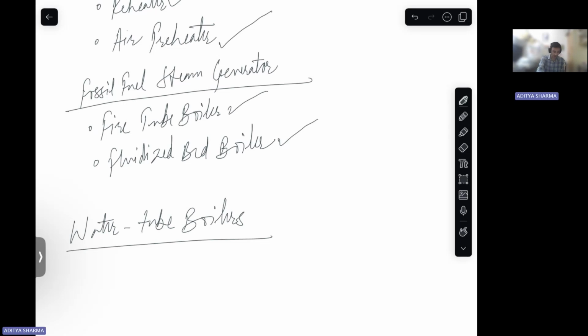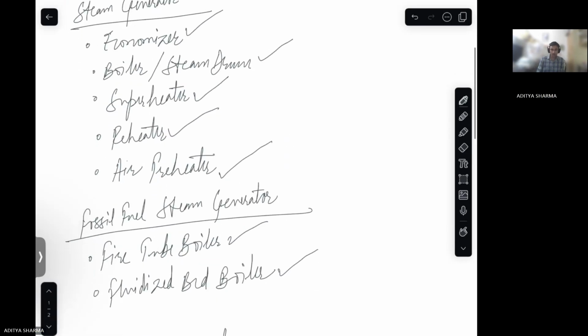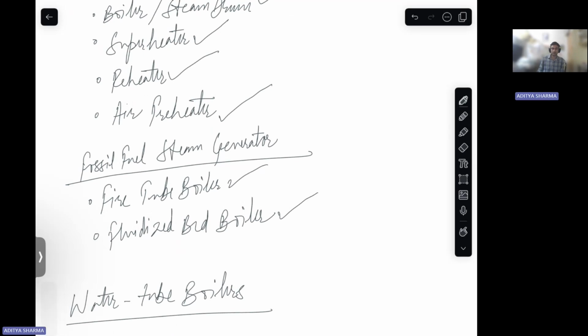So in your steam generators, right? Yes. So these steam generators have been categorized into subcritical and supercritical types, right? Based on the pressures at which they function. So if your pressure is less than your critical pressure, that is 220 bar for water, in that case it will be called subcritical, right?